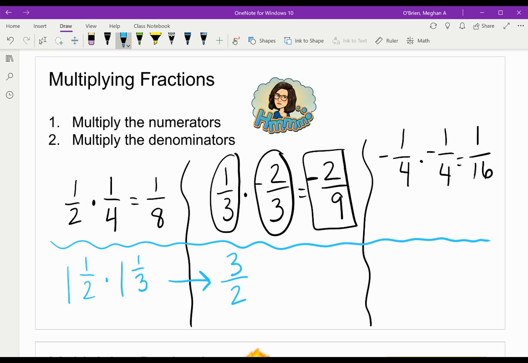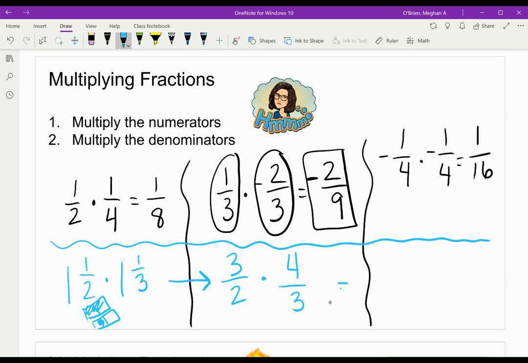If I drew that out, that would be one fraction bar and a half of another one. And that's 3 pieces of size half. Multiply that by 1 1/3.